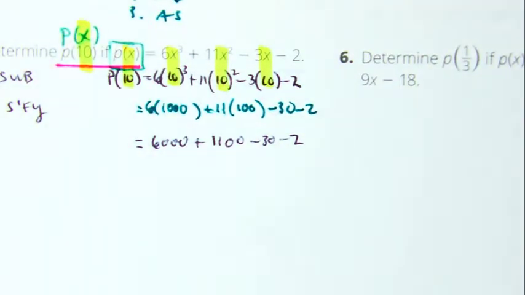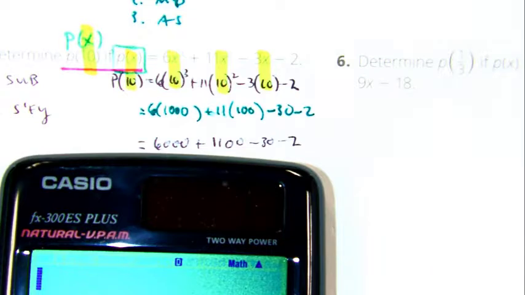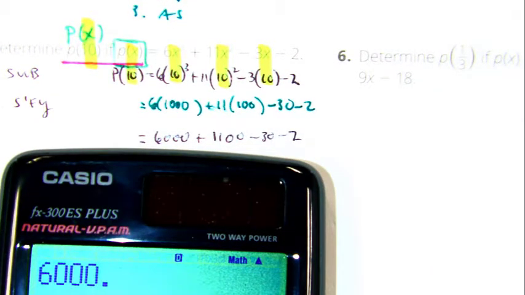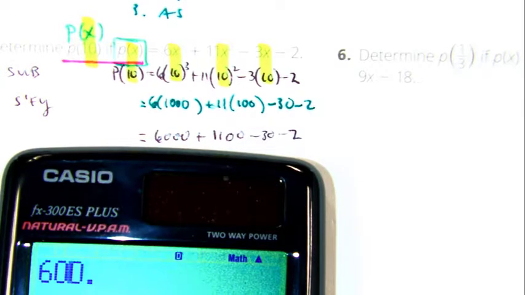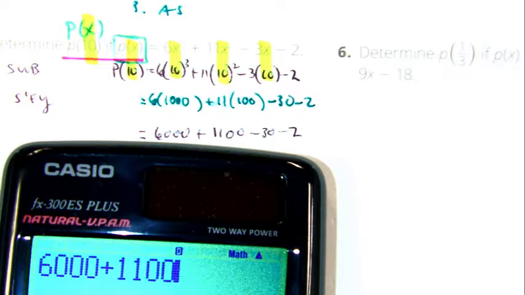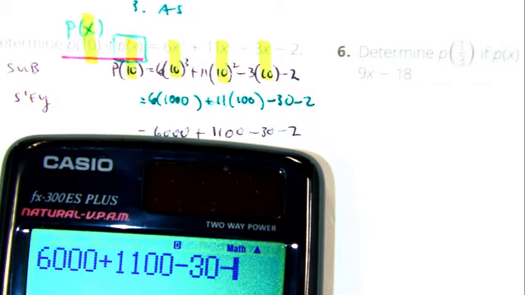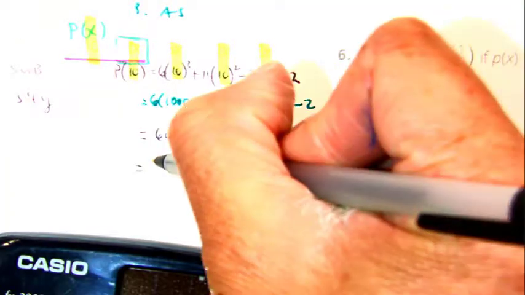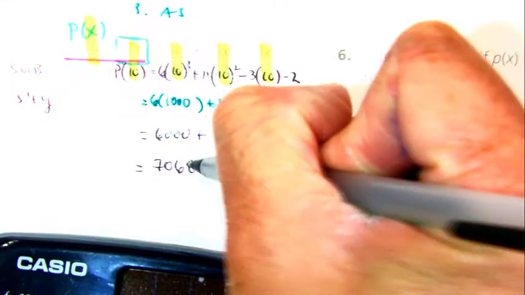And the nice thing is you could actually just put that into your calculator. Let's do that. 6,000 plus 1100 minus 30 minus 2. And I got 7,068. Is that what you guys got? And then you can just bring down this P of 10 down.